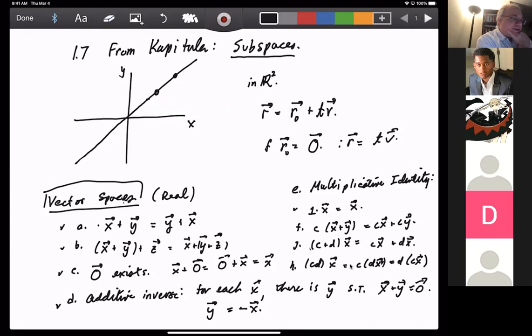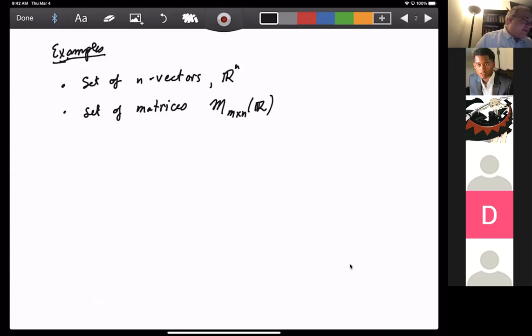We can multiply a matrix by the number 1 to get the matrix back. A scalar times the sum of matrices, we can distribute that multiplication. Same thing over here. Same thing over here. Therefore all the properties we need work for matrices just as well as they do for standard vectors.